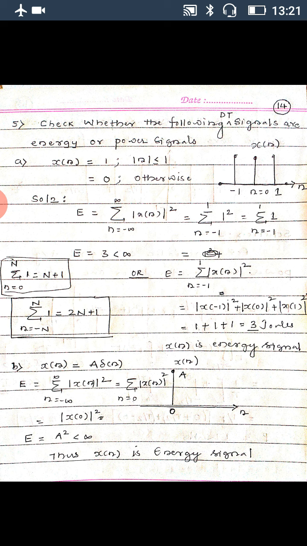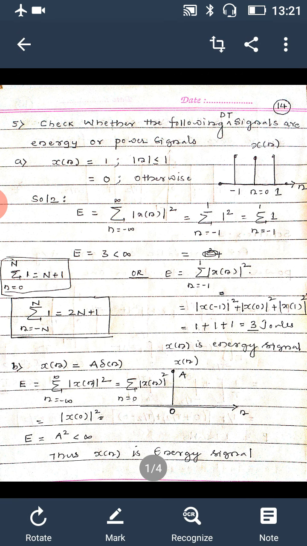So it can be simplified as x of minus 1 square, that is at n equal to minus 1, plus x of 0 square at n equal to 0, and similarly x of 1 square. The x of minus 1 value is 1, x of 0 value is 1, x of 1 is also 1, and the square of each value is also 1. So 1 plus 1 plus 1 is equal to 3 joules. You can use any one method to get the energy value.